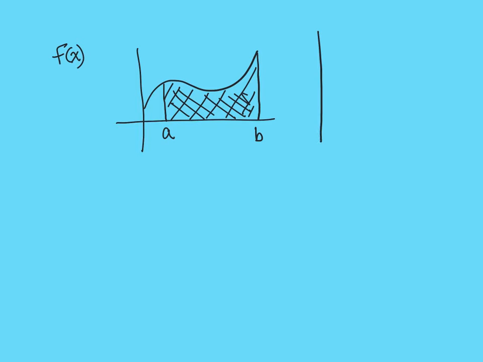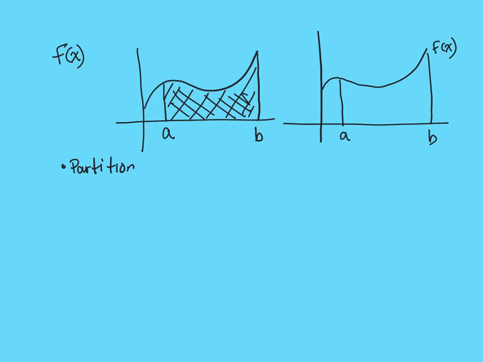Well, we know that we can approximate that by taking our interval from A to B and breaking it up into subintervals. So here's my function f of x, and the first thing that I would like to do is partition the interval from A to B into n subintervals.